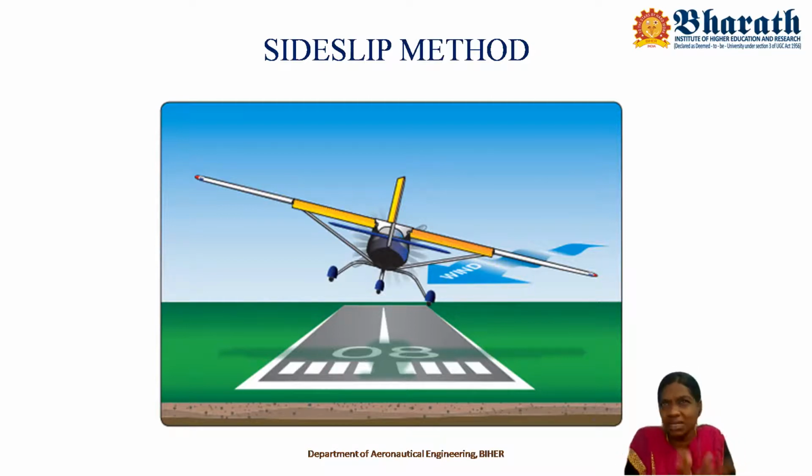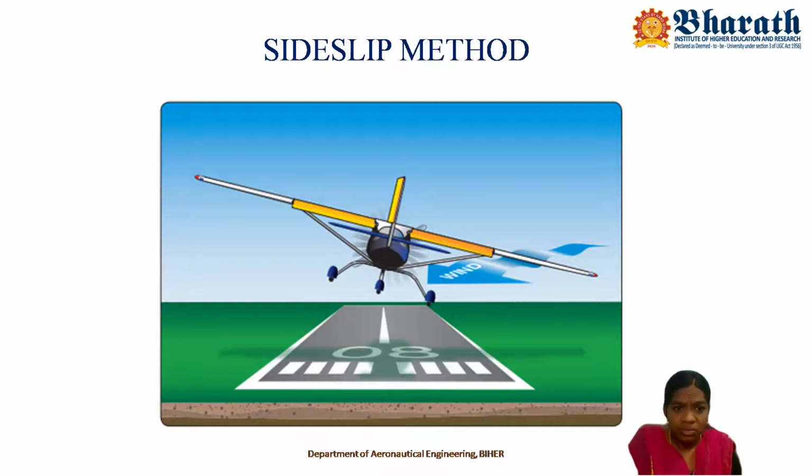There is also another method called decrabbing. In decrabbing, they involve both crosswind landing techniques, the crab method and the side slip method. When the pilot involves both those methods, that method is called the decrab method.